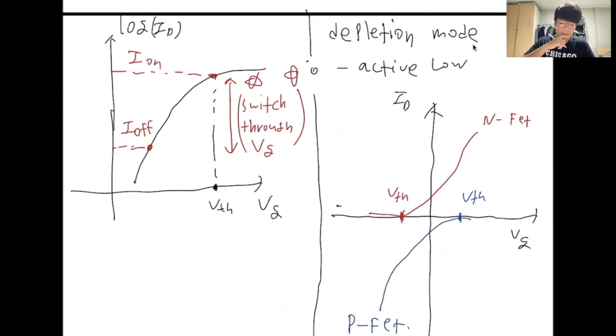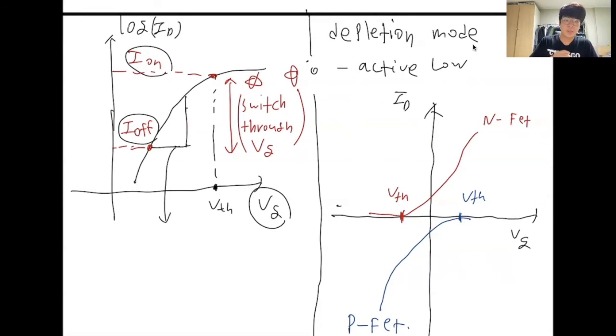So by varying the gate voltage, we can control the current flow, so it's used as a switch. And the slope in the ID-VG curve means the swing.